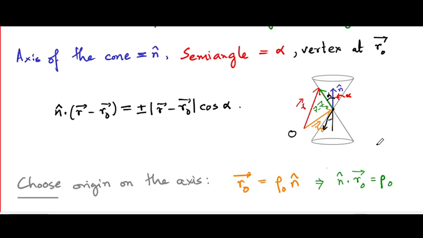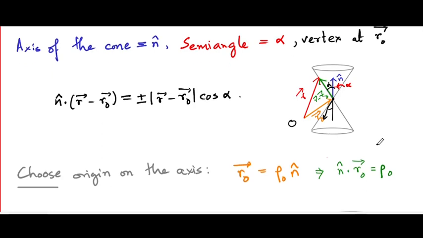So now we have chosen a special origin. You might ask why we did not choose the origin to be at the vertex. That would of course have made our equation a lot simpler. It would have simply been n hat dot r equals plus minus r small r times cosine alpha. A much simpler equation than what we have at this stage.